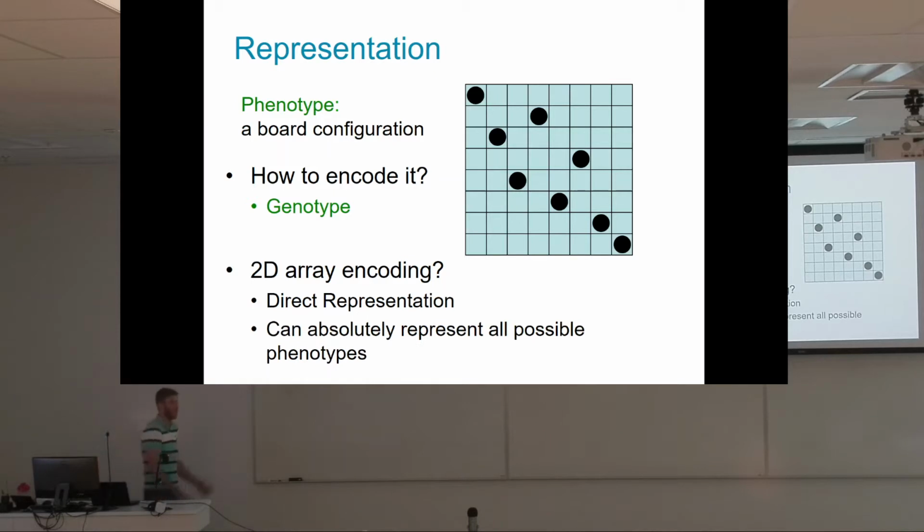And one of the key things we care about in our representation is that it can fully represent all possible correct solutions. This encoding absolutely will. If it's a 2D array where you have 8 things in there that represent the 8 queens, it will absolutely represent all possible configurations.